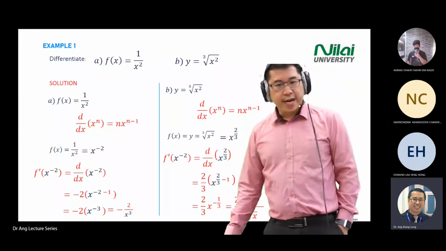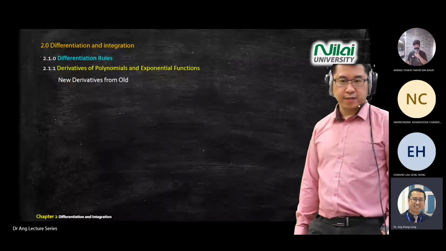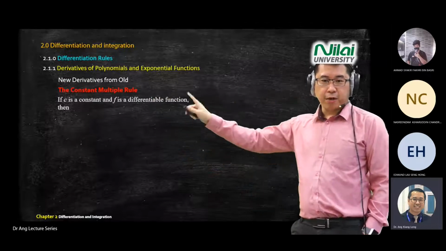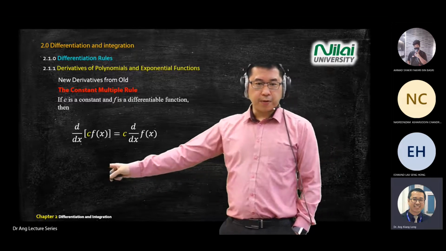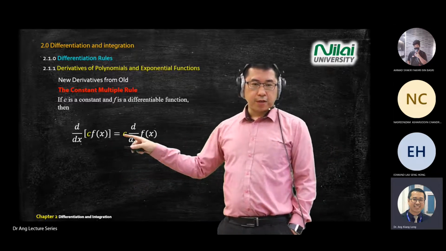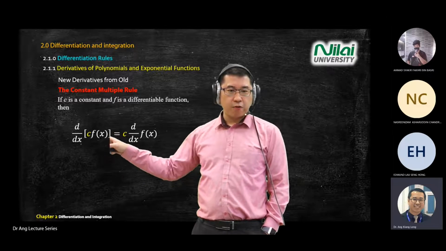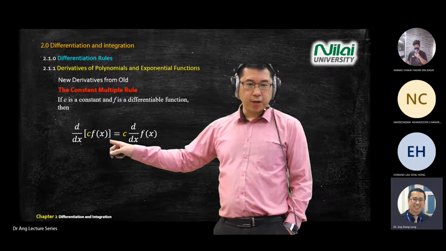All right, so we have reviewed normal differentiation. Now, what happens if you have a multiplication in your calculation? For example, if you have a constant value times y, for example 4y, or y equal to mx plus c.